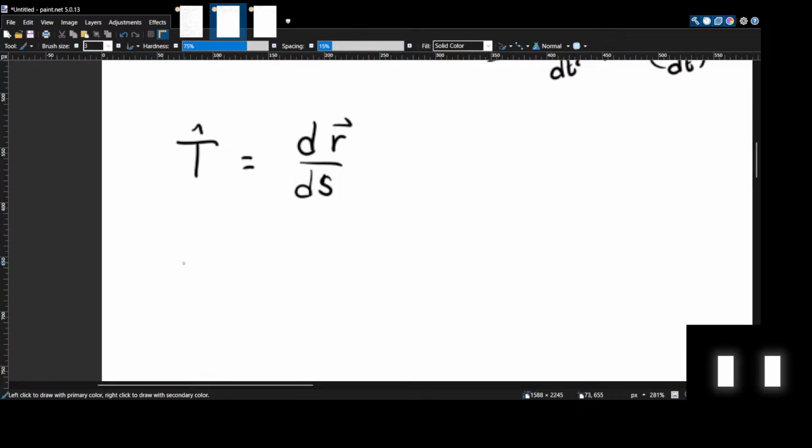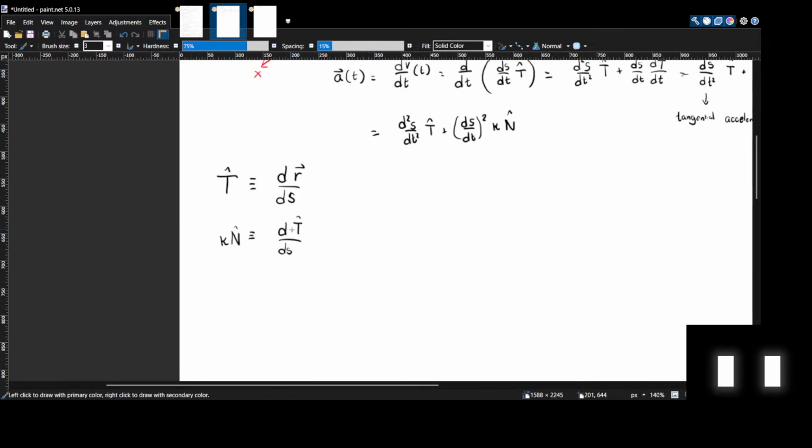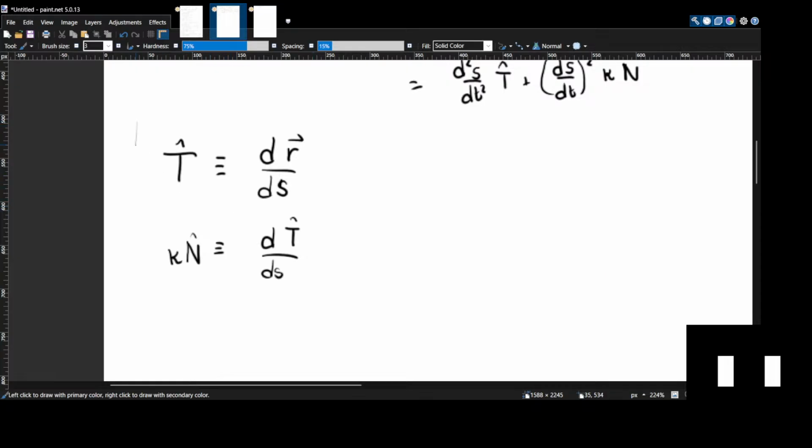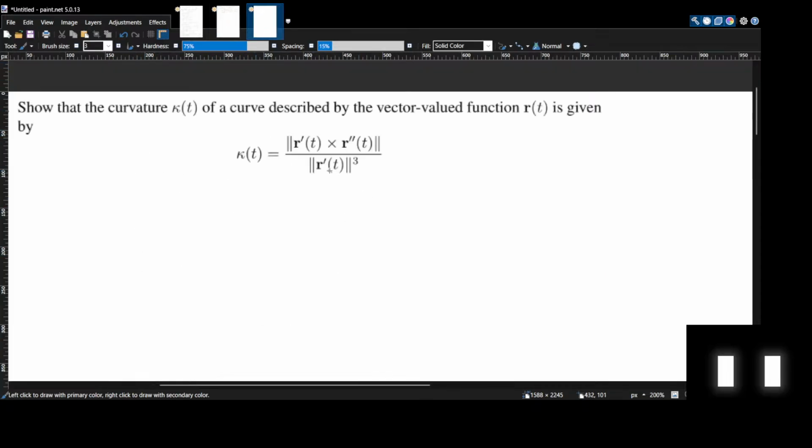And then kappa n here is defined to be the change in the unit vector as we move along the curve. All right, and these two are integral for solving this problem over here.